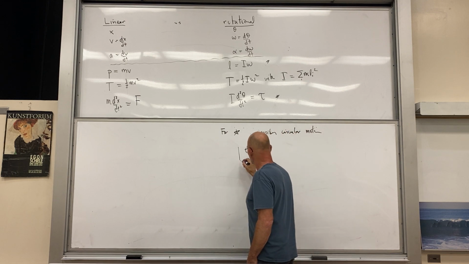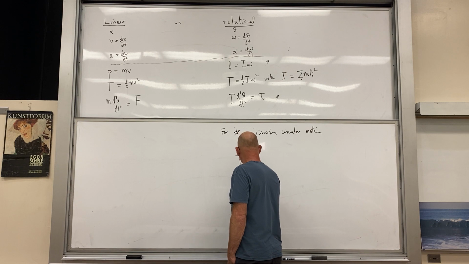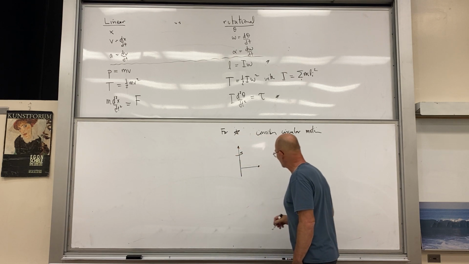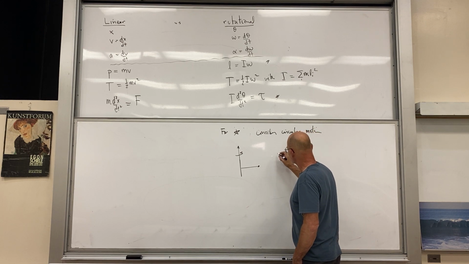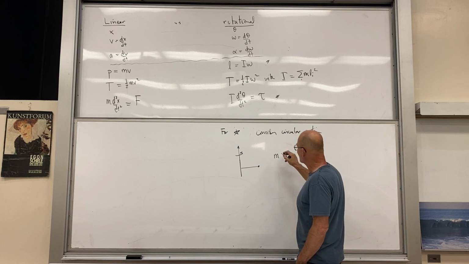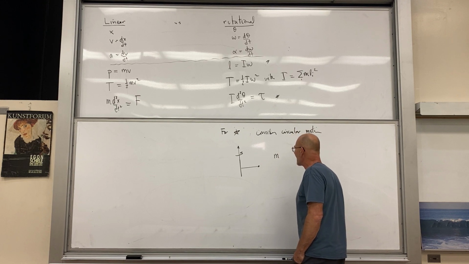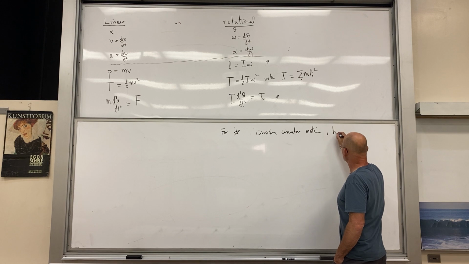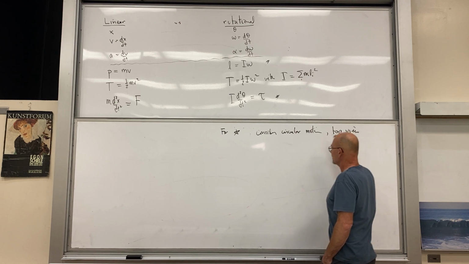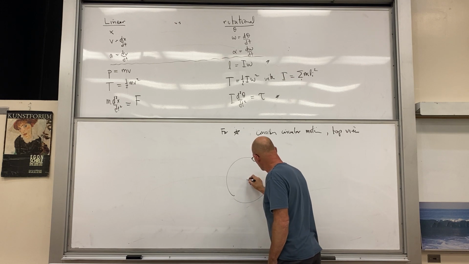Here's our axis of rotation, and we have a mass right here. Change my mind. Top view after all. We've got to see the torque. So we're doing a circular motion top view with respect to the origin.